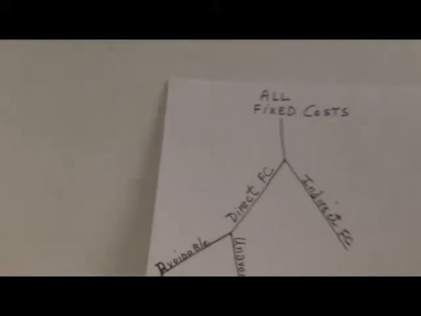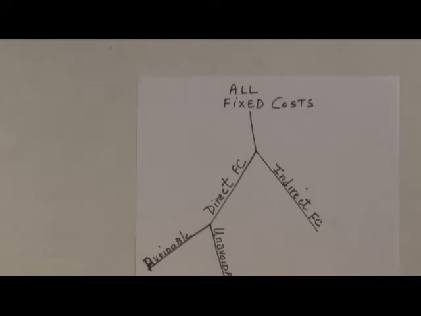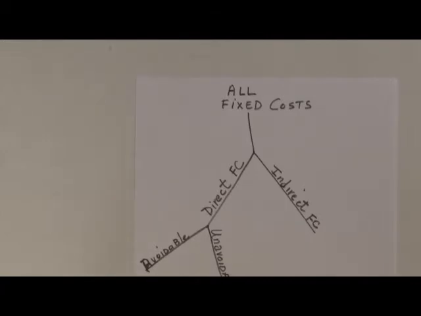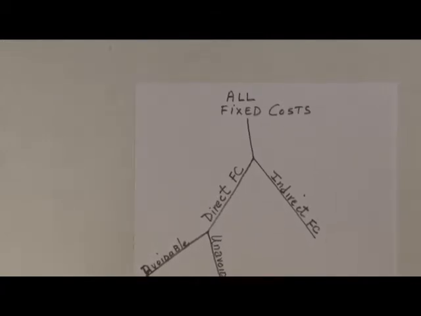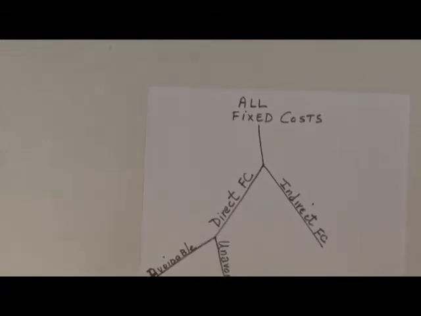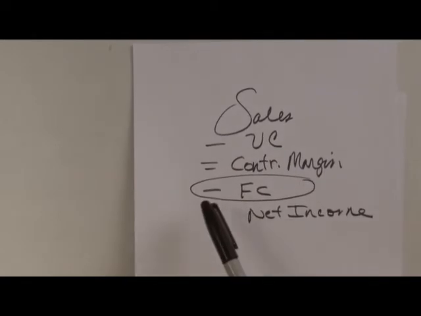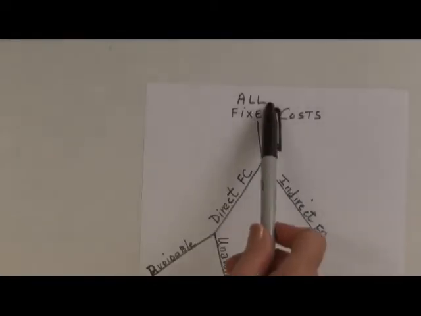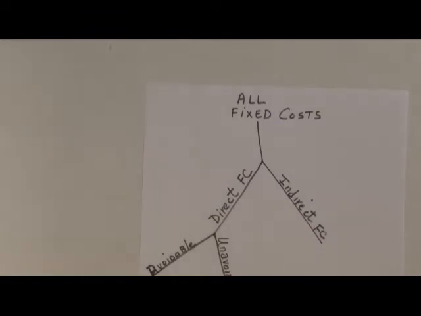Let me show you a decision tree that I would like you to become familiar with that is appropriate to use when you're trying to decide whether or not to close a department or product line. If you'll start with me at the top, if you take a look at this statement, this would be all fixed cost. So this would be right where we start the decision tree.